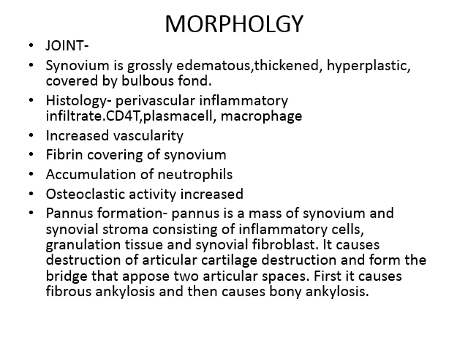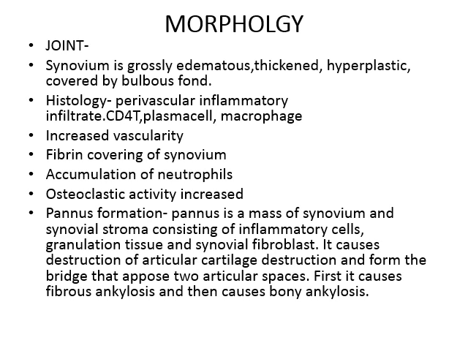The inflammatory cells are CD4 T cells, plasma cells, macrophages, etc. Vascularity is increased. Fibrin covers the synovium. There is accumulation of neutrophils and the osteoclastic activity is increased in the juxta-articular bony tissues. Now, ultimately, pannus formation occurs.